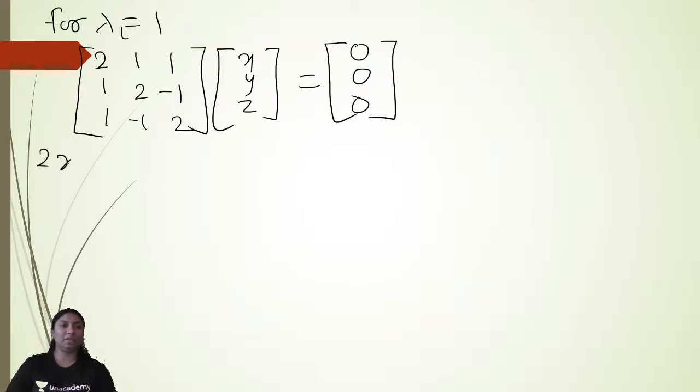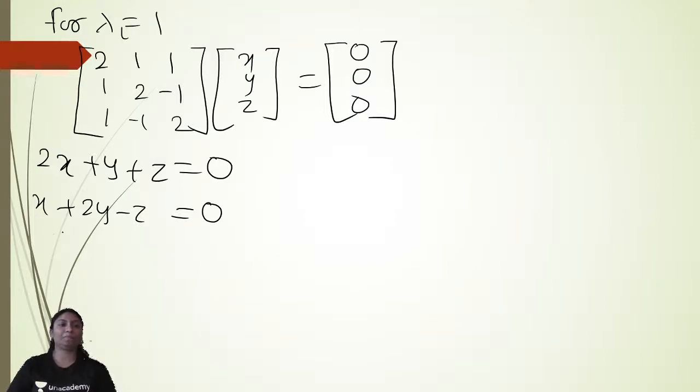So here you will get 2x plus y plus z is equal to 0, x plus 2y minus z is equal to 0, and x minus y plus 2z is equal to 0, right?